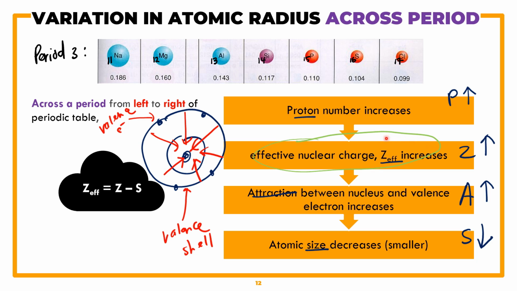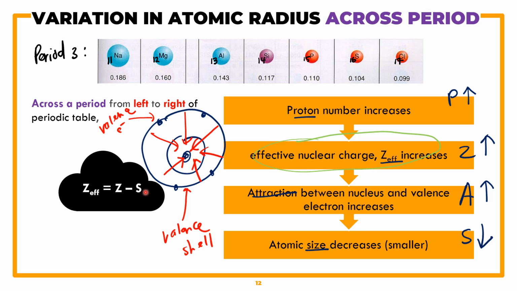So to prove the value of Zeff increases from sodium to chlorine across period three, you can calculate the value of their Zeff respectively. To calculate the value of Zeff, Zeff equals Z minus S, di mana Z is the proton number and S is the inner electrons in the inner shell.